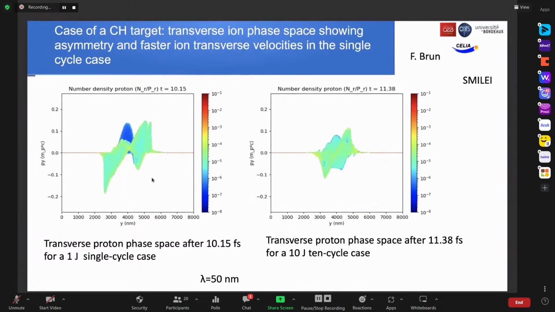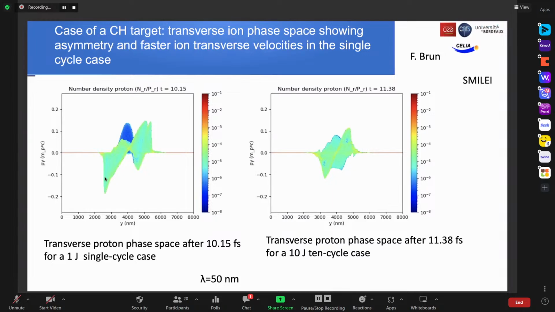So we still continue to look at this regime, and we are looking at different wavelengths also, intermediate wavelengths between this very short wavelength and the usual ones we are used to for the lasers we have in the lab. And here is just an example, so we're also looking still at this transverse acceleration for proton-boron fusion.